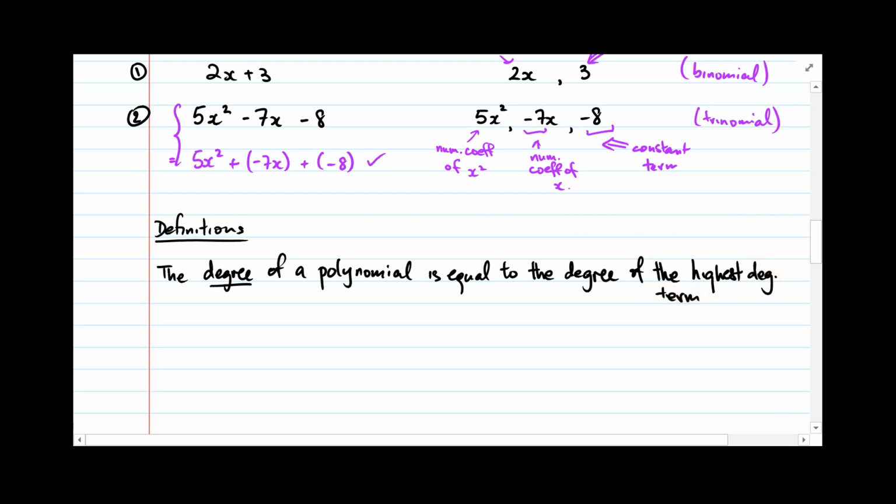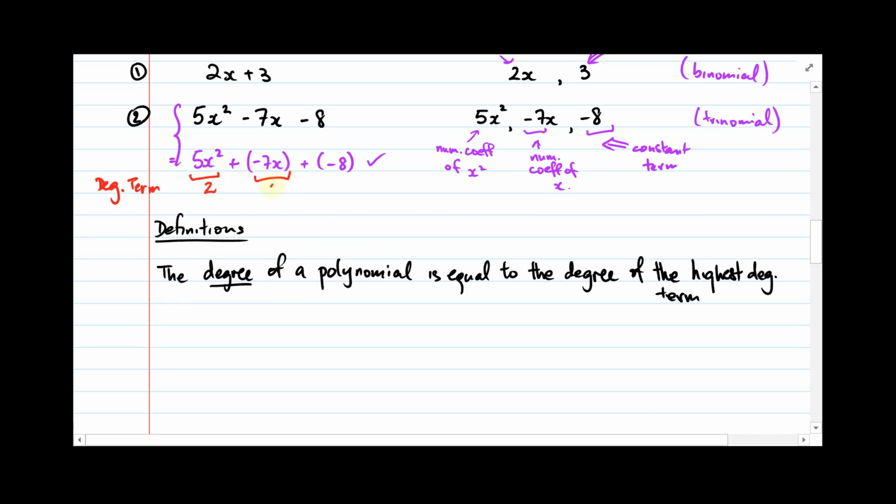Right? So if we go back up here, let's do this in a different color. The degree of each term. Okay, so let's go again. Degree of the term. Degree of this term is 2.